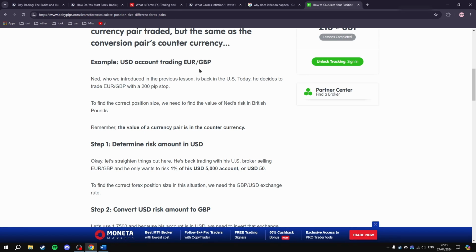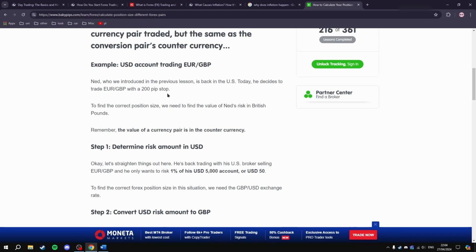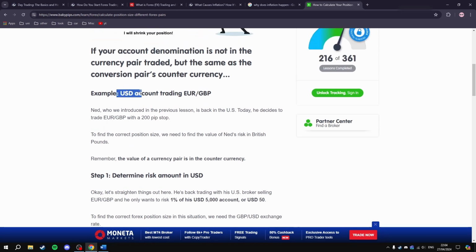But then why doesn't he just use a USD account to trade EUR USD? Oh, it's because of your account. If you're based in a different country, your broker might have different currency accounts. So that's probably why he can't.